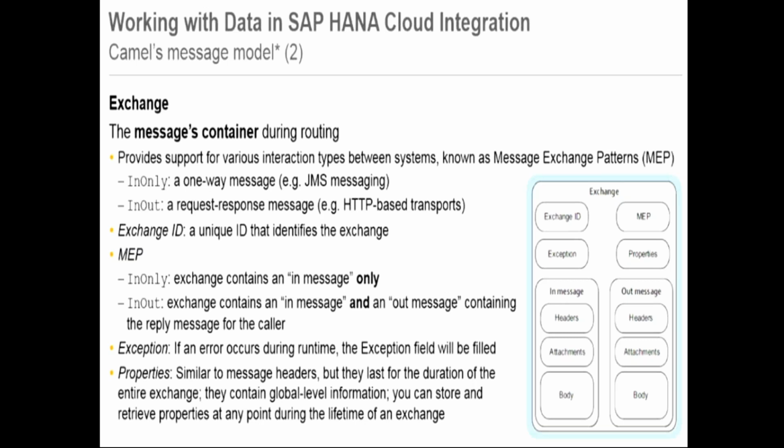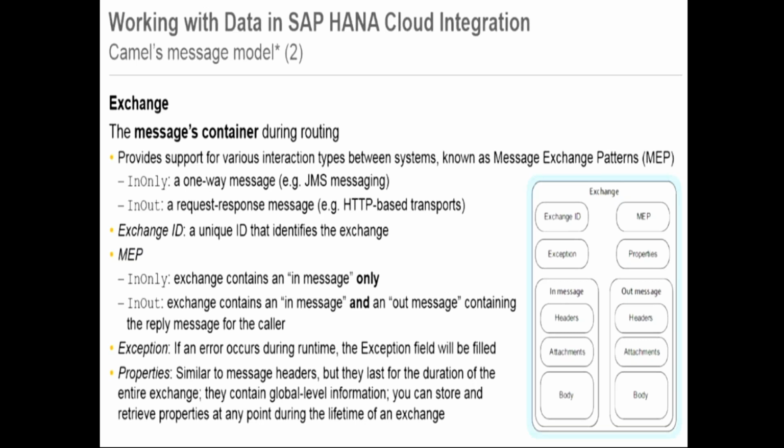You have the MEP, means message exchange pattern, which contains only the details about which one is the in message and which one is the out message, that is not visible to us. And then you have property, again the thing which I showed you right now. It's similar to a message header, but it lasts during the entire exchange.